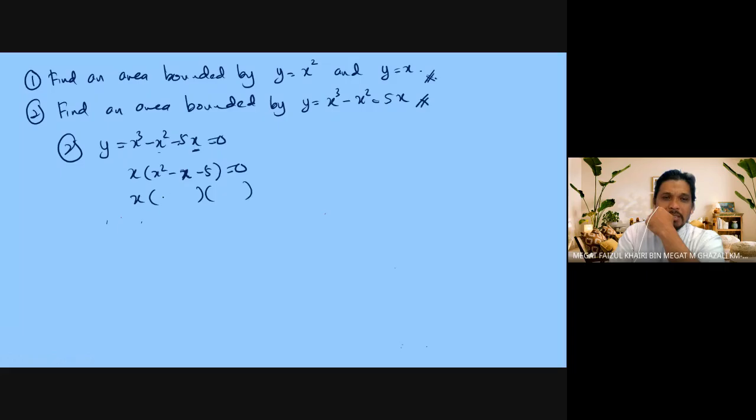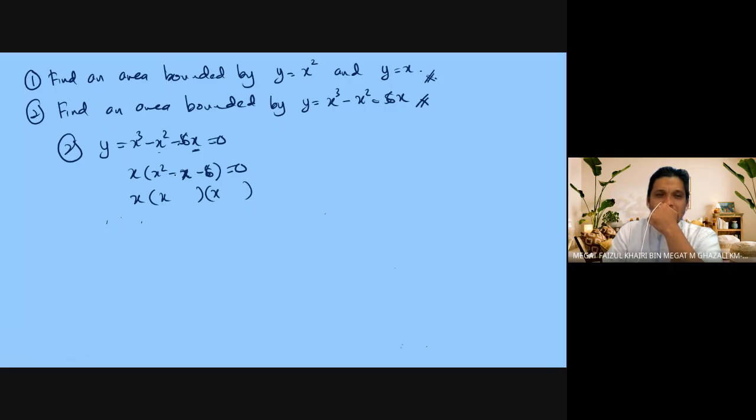Factorize this. Okay, I made one mistake here. Never mind, you try it later. I'll change the figure to make it easier. Okay, I'll change it into 6. Sorry, 6.